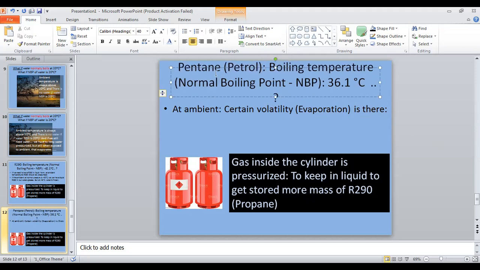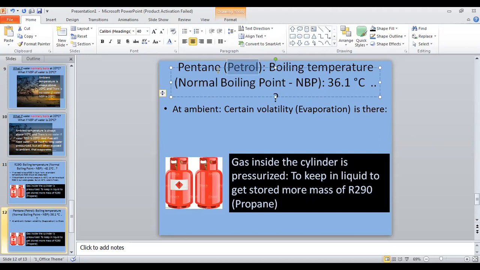So that's how, when you are selecting fuels, it is very important to look into the normal conditions and then the boiling points.